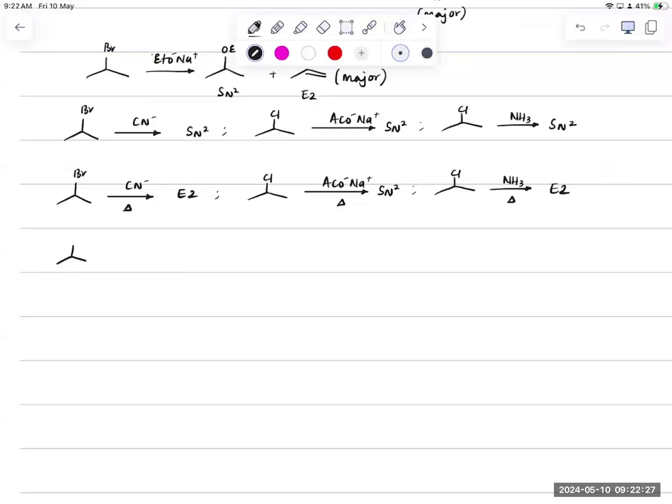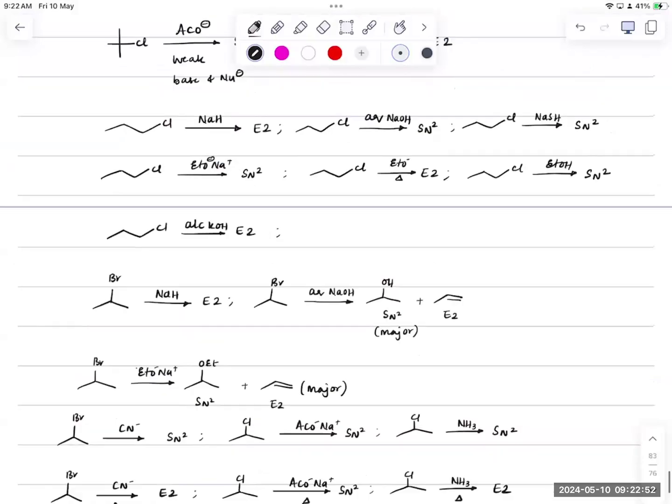Next, if you have Br with ETOH and heat, so you'll get this as double bond. And if you have Br with only ETOH, no heat, so it is SN1. So here it will go via SN1. Done.